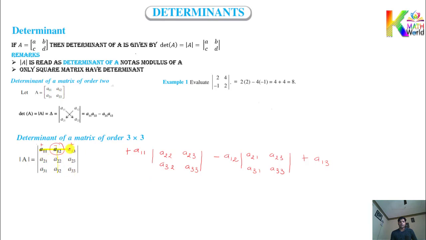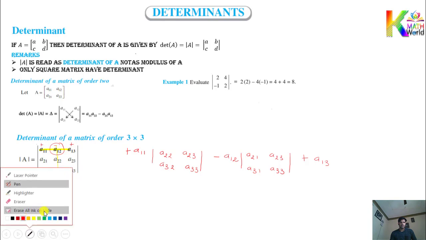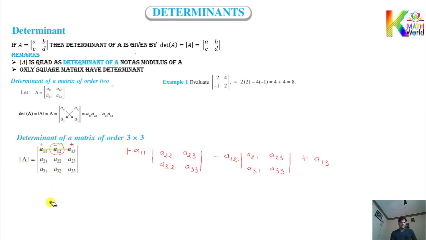First row and last column. So eliminate it the same way. Eliminate first row and last column. What is left? These 4 elements are left. Put those into a 2 by 2 determinant. So you have A21, A22, then A31, then A32.